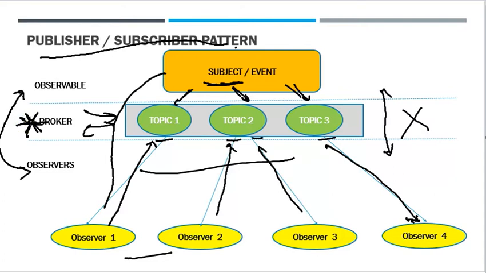The broker is the place where observers are registered to different topics or events, and the subject generates those events or topics on the bus. The subject is also registered with the broker. So the broker knows what the subjects are and, when a subject generates events or topics, which observers are assigned to this subject, and vice versa. So that's the basic difference before we go on further to describe our observer pattern in detail.